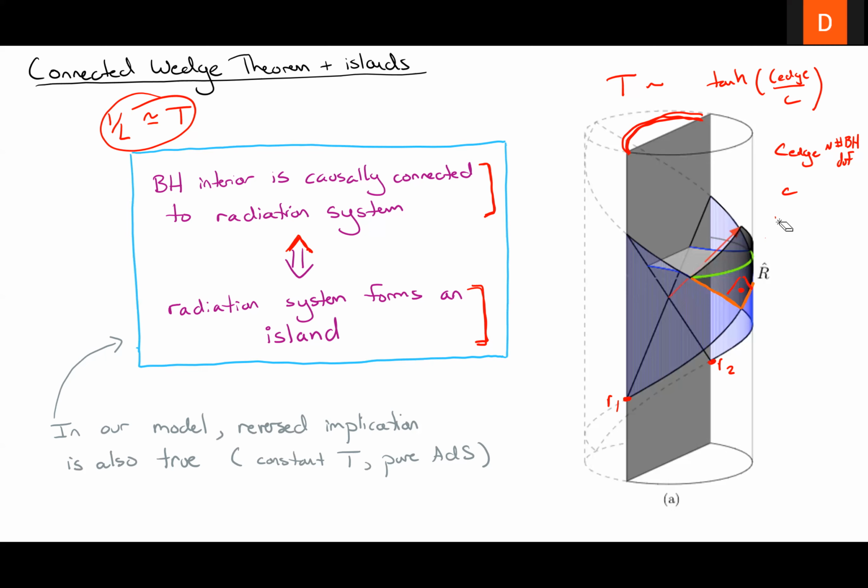I guess you would, but yeah, you have to get the same value, because in this case where you have constant tension and pure AdS, the region picked out by doing this procedure of this connected wedge theorem kind of thing is exactly equivalent to what you get by thinking about the quantum extremal surfaces.